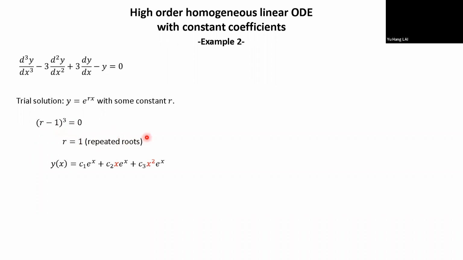So remember what we do with the repeated roots: you need to make sure that all 3 solutions you got are linearly independent. So your first one is e to the x, but for the next one you need to multiply by an extra factor x, and for the last one you will have to multiply by x squared. Again, you can try to use the Wronskian to verify that these 3 solutions are indeed linearly independent.